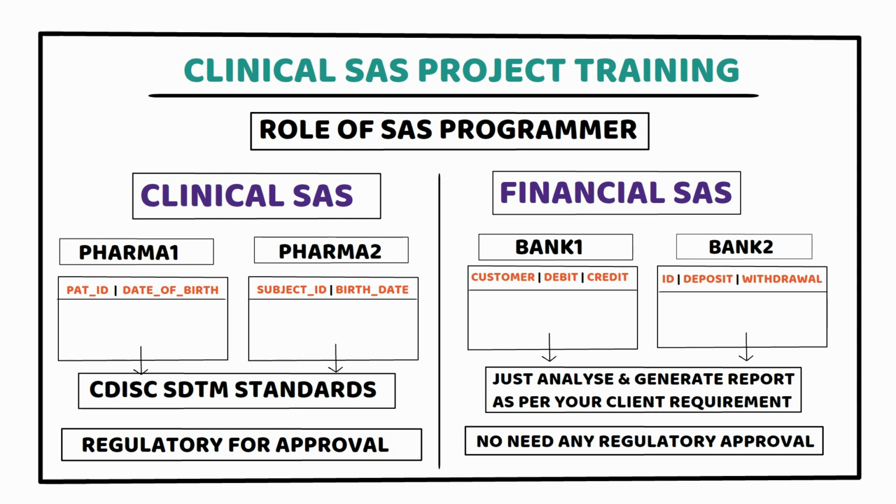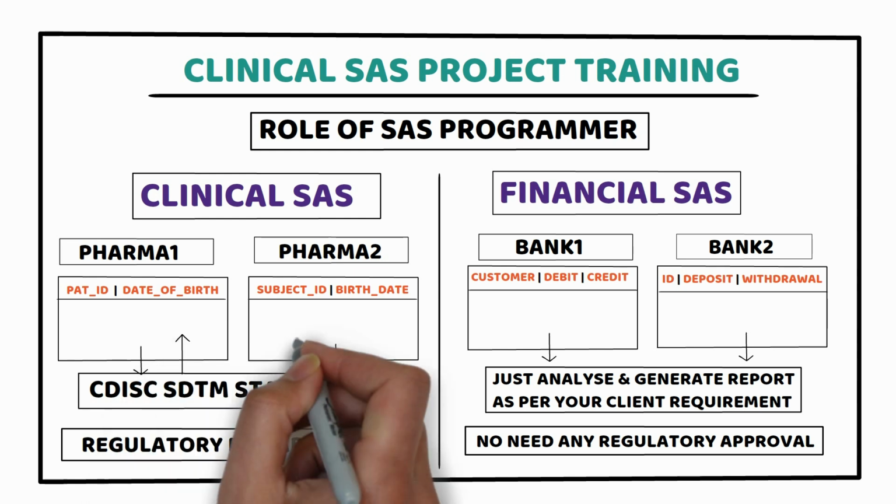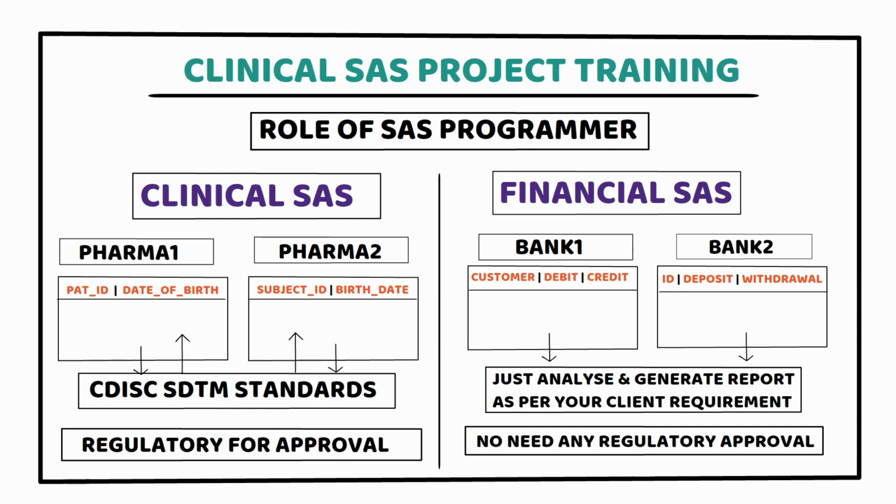So before it gets submitted, how should the naming convention be changed with respect to the CDISC standard? When the CDISC standard is followed by the organizations, that patient ID data should be submitted as the data will not be changing. The data will remain the same. Only the naming convention will be changing.